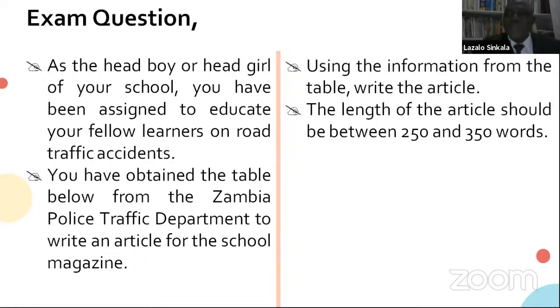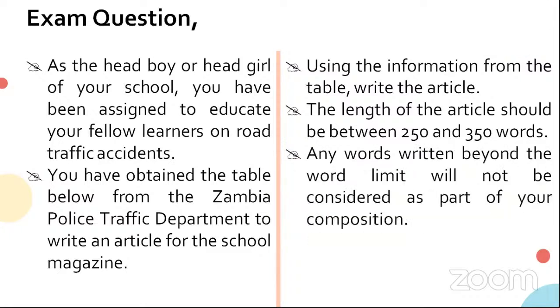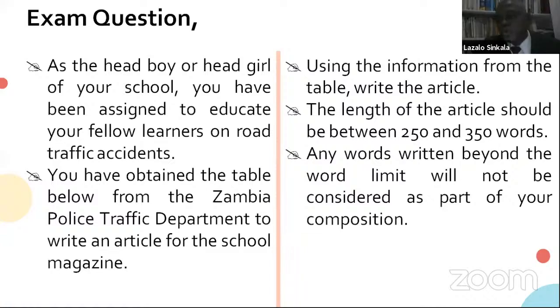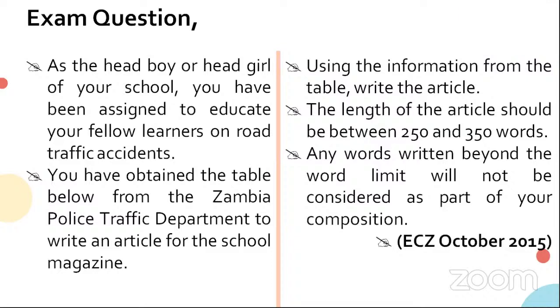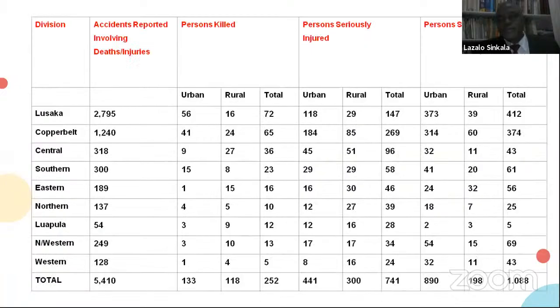Using the information from the table, write the article. The length of the article should be between 250 and 350 words. Any words written beyond the word limit will not be considered as part of your composition. This was a question for the ECZ October exam 2015, and that's the table that was presented.